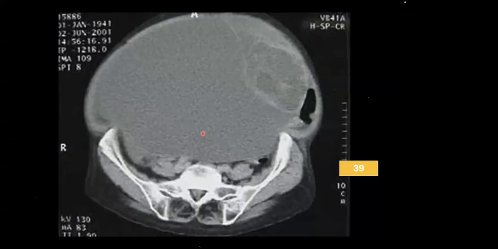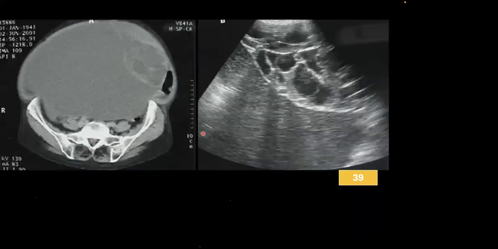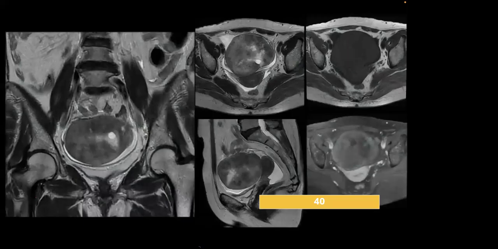It's an ovarian pathology. Yes, TE has got it correct. Rahul, Bhagya, Del, Prateek, most of you. The ultrasound image.